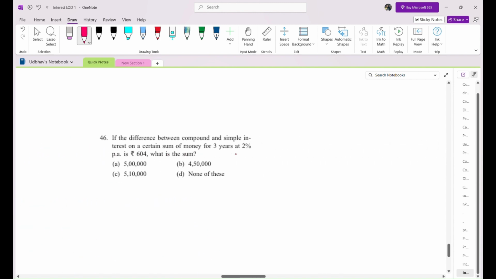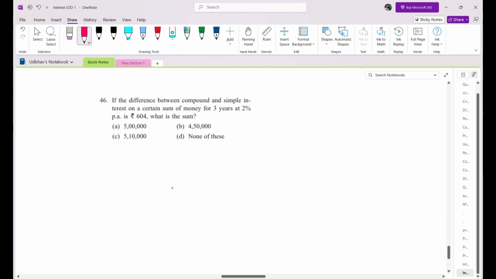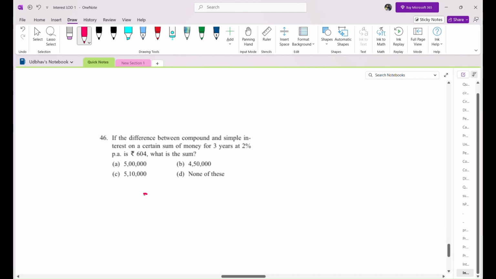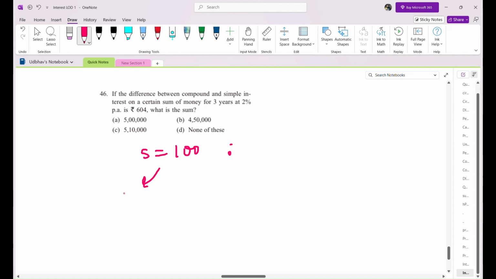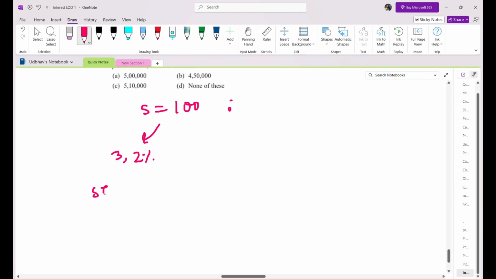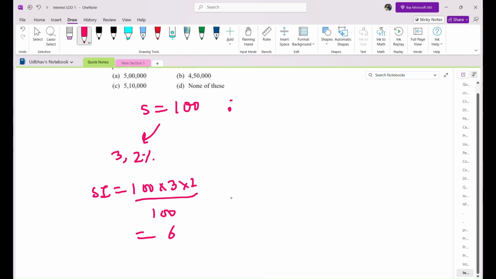If the difference between compound and simple interest on a certain sum of money for 3 years at 2% is 604, what is the sum? Let's say the sum is 100. For 3 years at 2%, the simple interest will be 100 into 3 into 2 upon 100, which is 6.